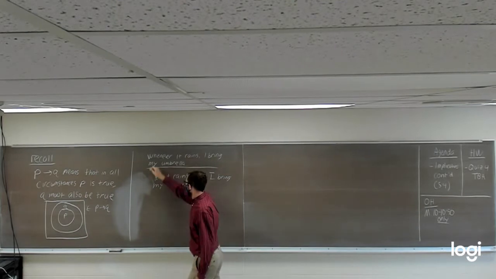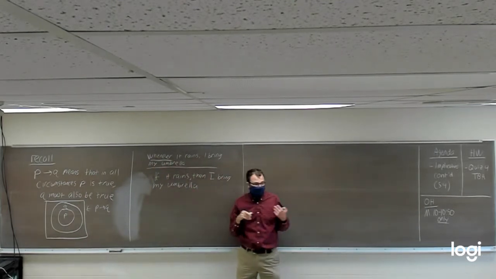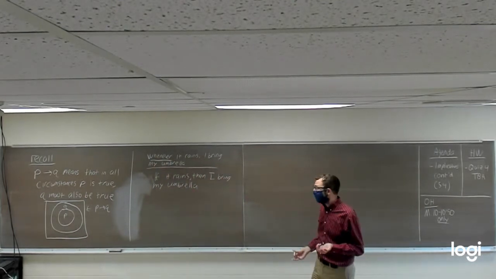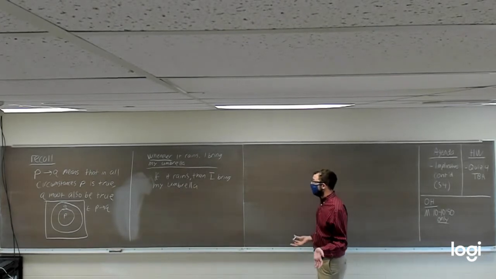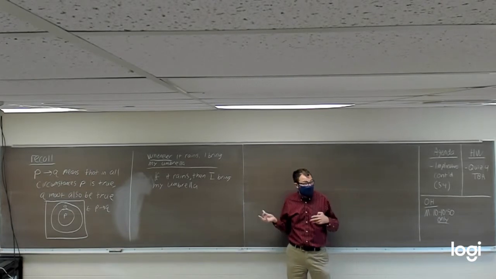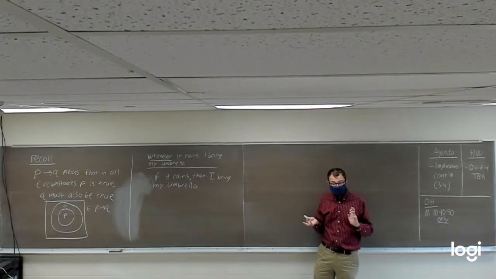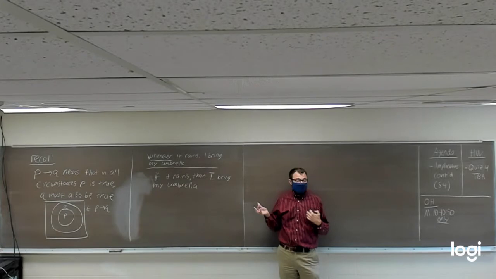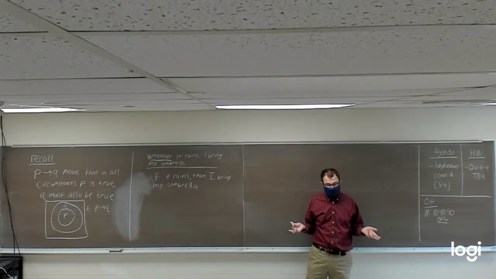Here, the word whenever is taking the place of both if and then. Whenever it rains, I bring my umbrella. If it rains, then I bring my umbrella. What this is really saying is that under every circumstance where it rains, it has to be the case that I'm bringing my umbrella.